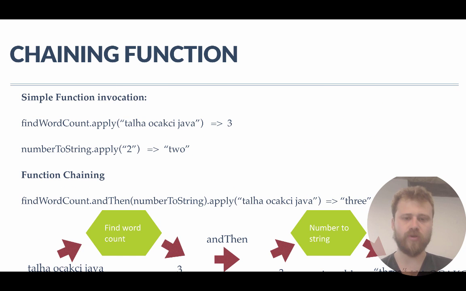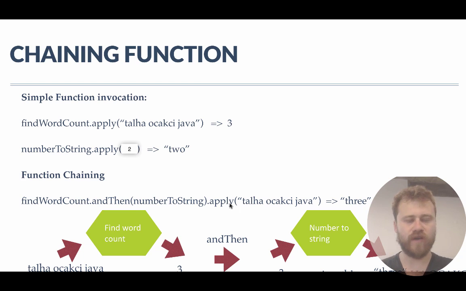Okay, let me show you how to do that first. First, we need to apply find word count function by this argument. Okay, this will output 3, and we may apply number to string method, and it will return 3 as text. So if we use function chaining, we will first apply find word count and then the second method.